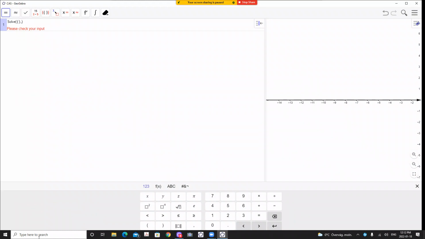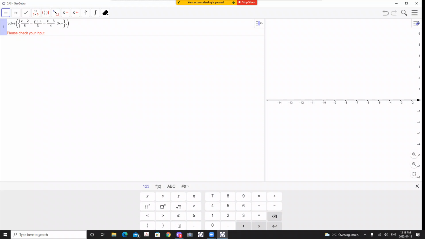X minus 2, I have to put it in a pair of brackets. X minus 2 divided by 5 is equal to y plus 1 divided by 3, and then equals z minus 3 divided by 4. Let me see. X minus 2 divided by 5, y plus 1 divided by 3, z minus 3 divided by 4, yeah, that's correct. And let us see if it works in this way.